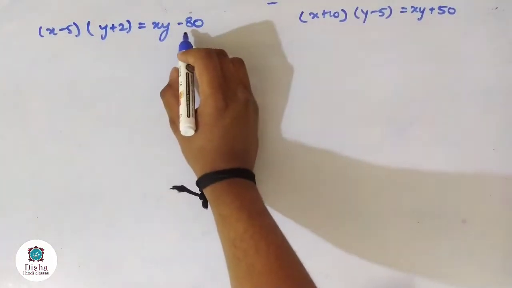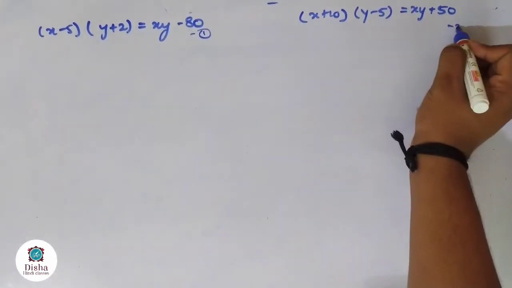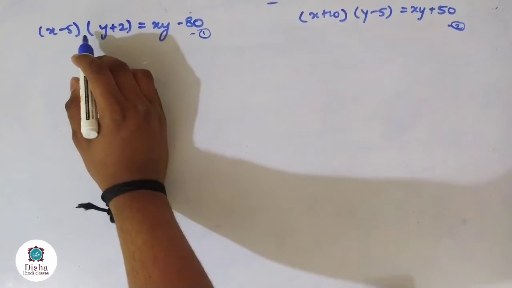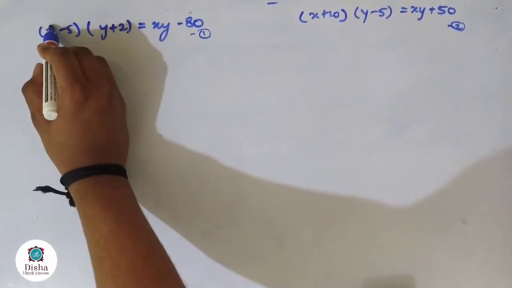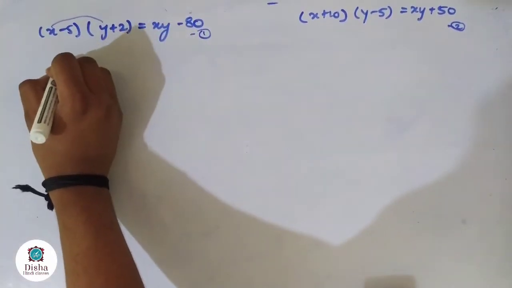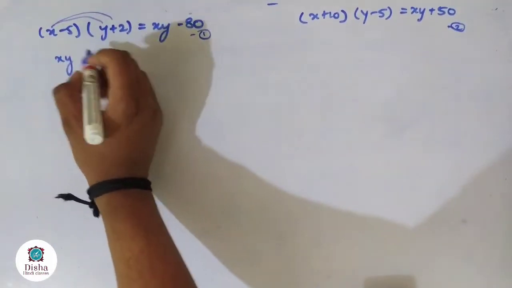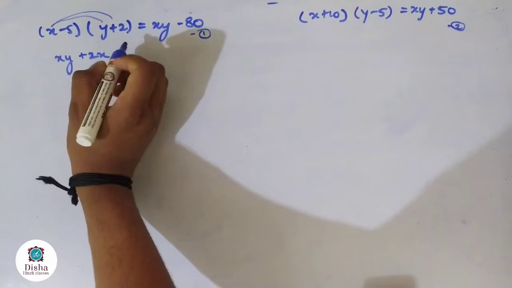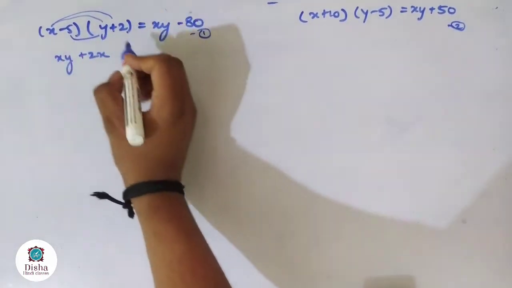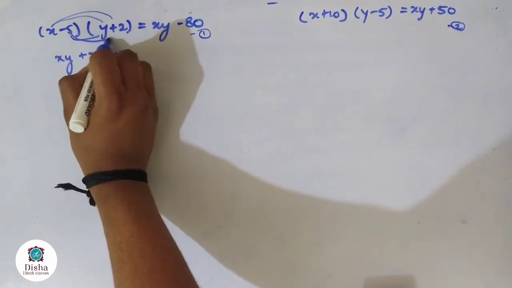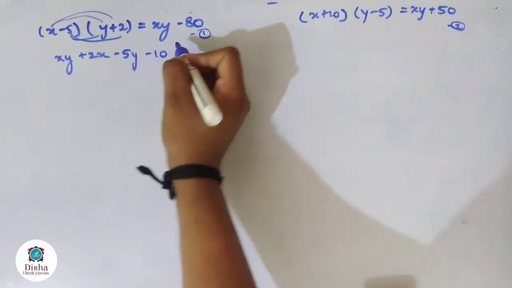So here we have two equations, equation 1, equation 2. Now we'll solve this. First we'll multiply these both. So x into y will be xy, x into 2 will be plus 2x, then minus 5 into y will be minus 5y, then minus 5 into 2 will be minus 10.